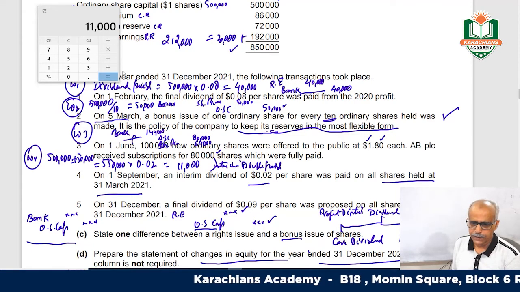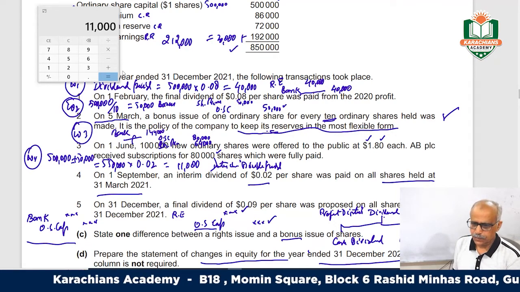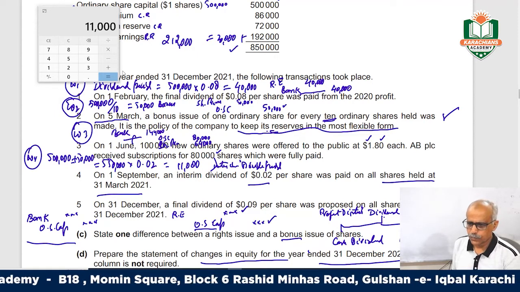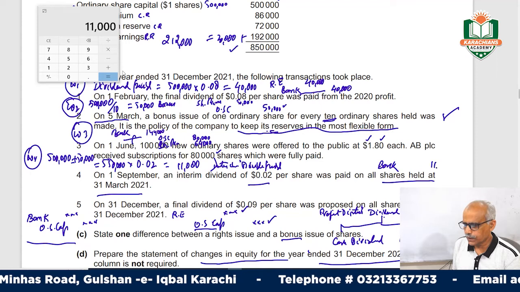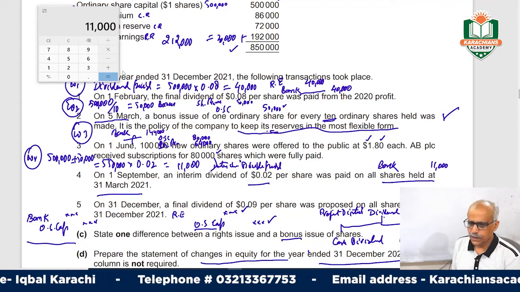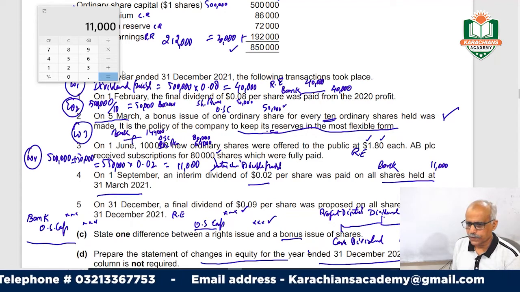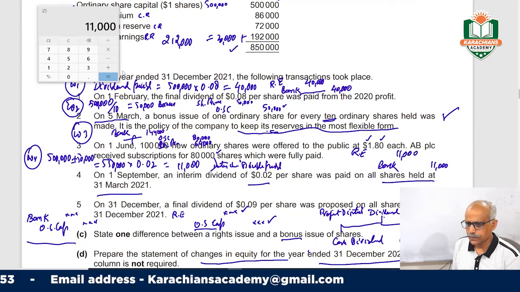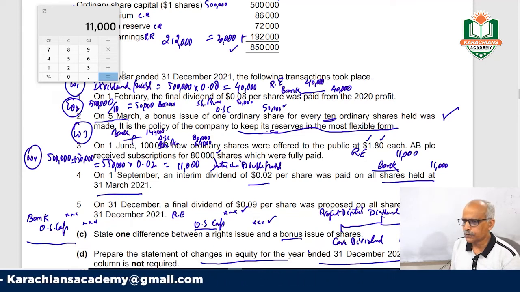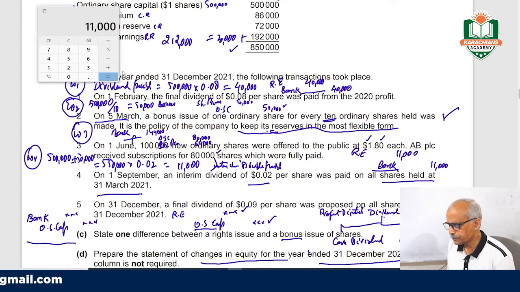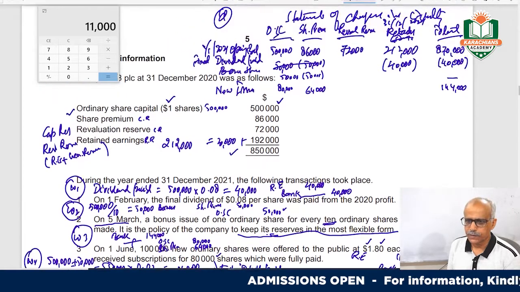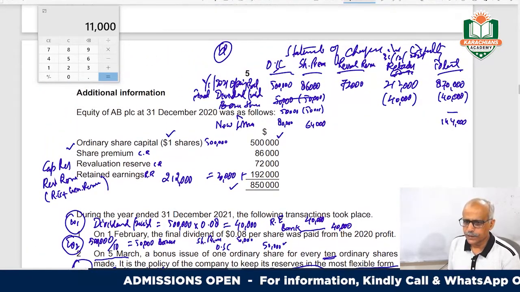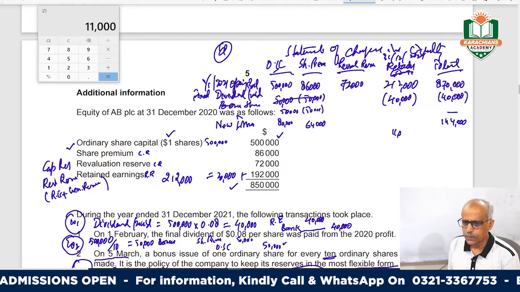You are paying this cash, so bank will get credited by 11,000, and you will pay it from your retained earnings. So you have to reduce your retained earnings. Here your retained earnings are reducing by the interim dividend. This retained earnings will get reduced by 11,000.